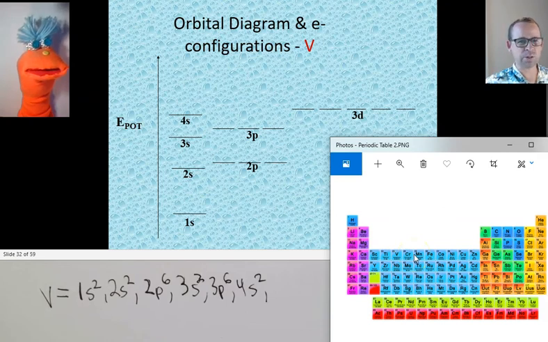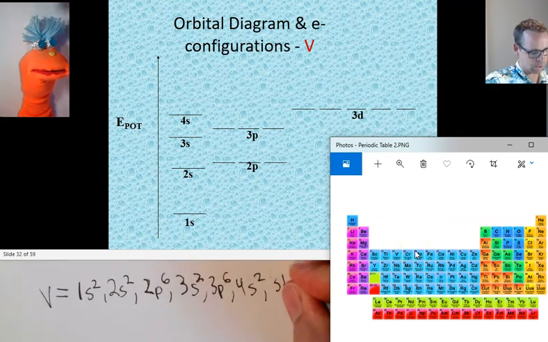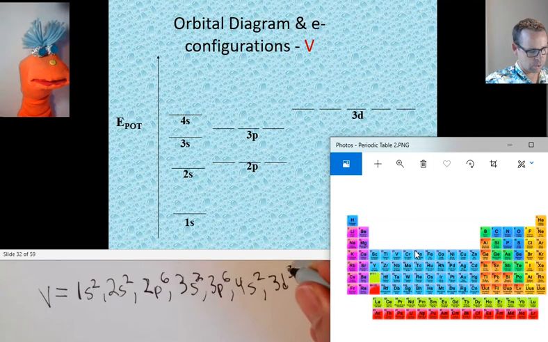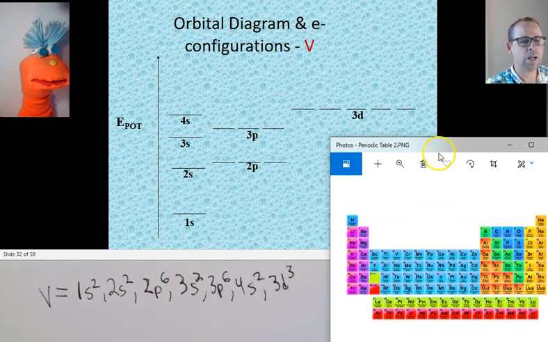It's the first d, and so its n value is 3. The n value here is 4, and 5 and 6 for our d block. So it's not 4d, but it's 3d. And then how many electrons in the 3d to get to vanadium? 3. Very good. 3d3.